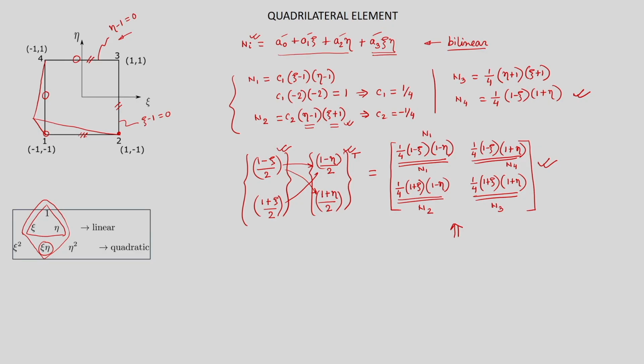So, if we extend this for p equal to 2, then (2 plus 1) whole square equals 9. So, there will be 9 basis functions for the quadrilateral element for p equal to 2.